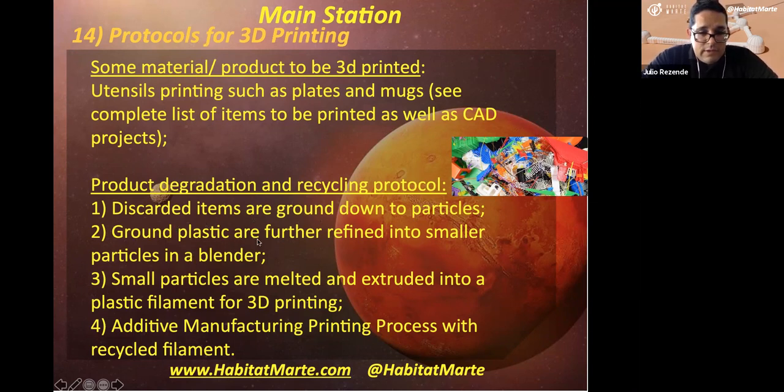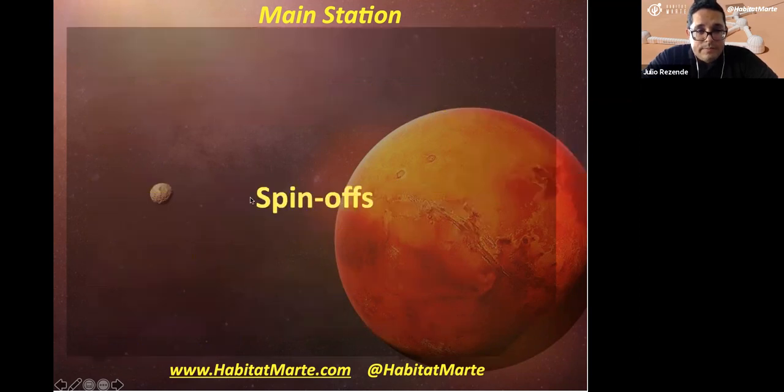Ground plastic is further refined into small particles in a blender. Small particles are melted and extruded into a plastic filament for the 3D printing. Also, the additive manufacturing printing process with recycled filaments. Okay. In the end, we have a new utensil produced in the 3D printer.